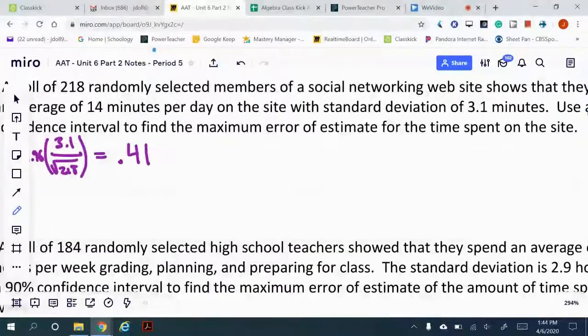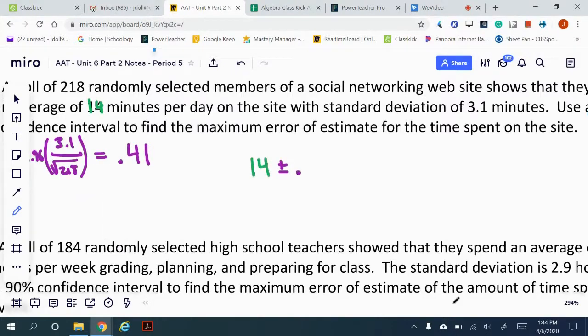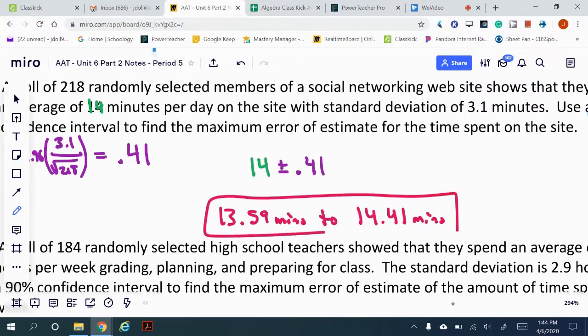So what is our confidence interval here? Well, our original mean, remember, was 14 minutes here. So it's 14 plus or minus 0.41, which gives us a confidence interval of 13.59 minutes to 14.41 minutes.